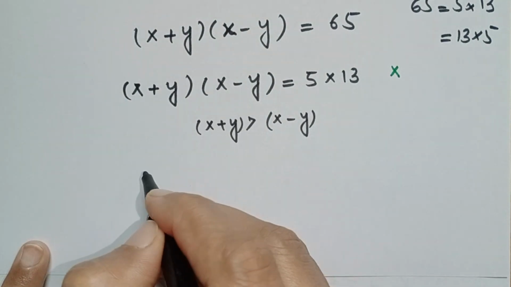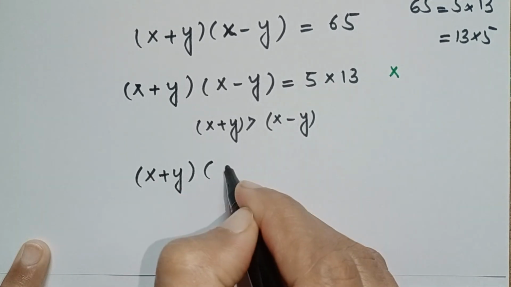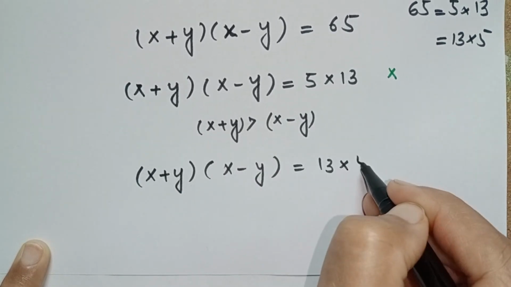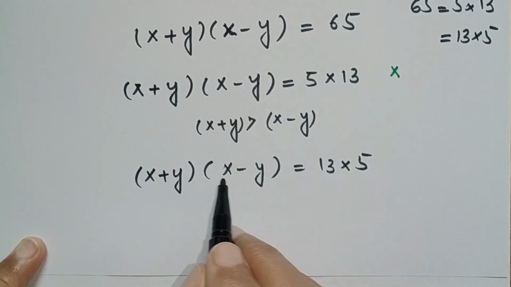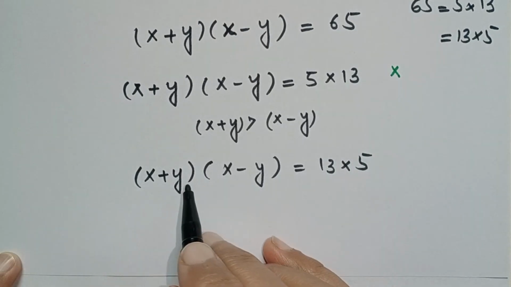So here we will take x plus y times x minus y is equal to 13 multiplied by 5. From here we will compare x plus y with 13, and x minus y with 5.